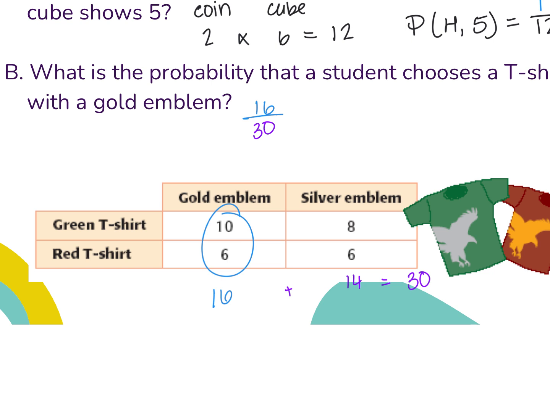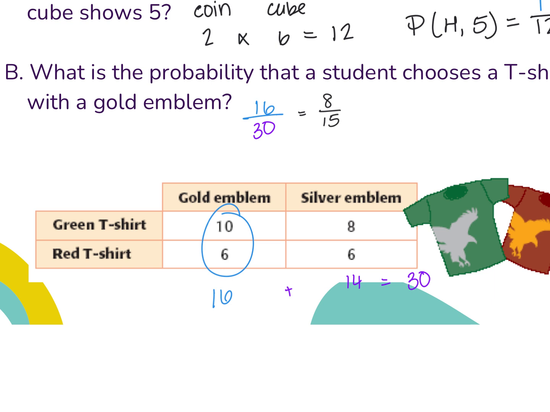Yes, this is correct, but it must be simplified. What's 16 over 30 simplified? Simplify it using 2, and you're going to have 8 over 15.